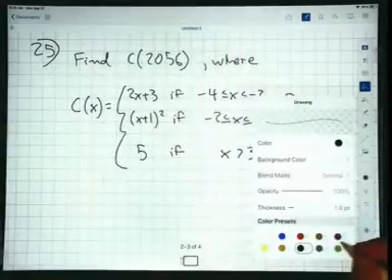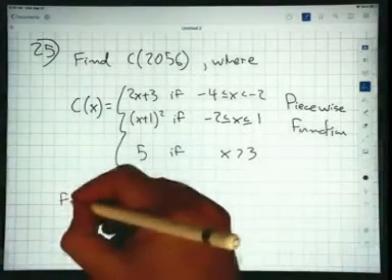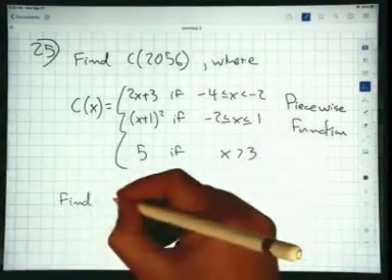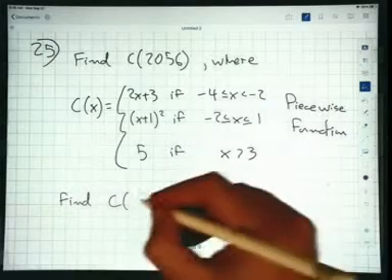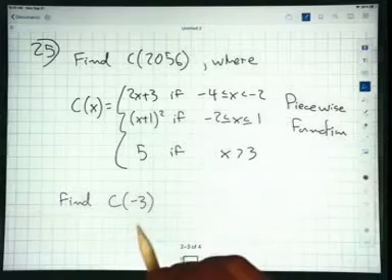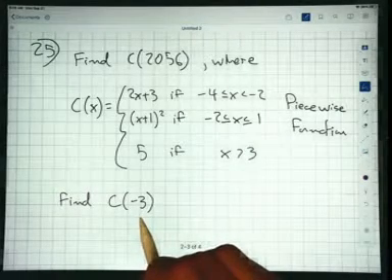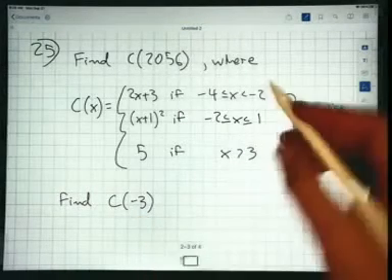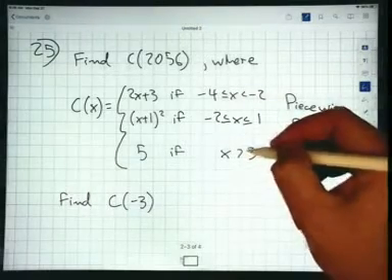So if I were to say find C at -3, I would want to know, where does -3 fit in any one of these intervals?